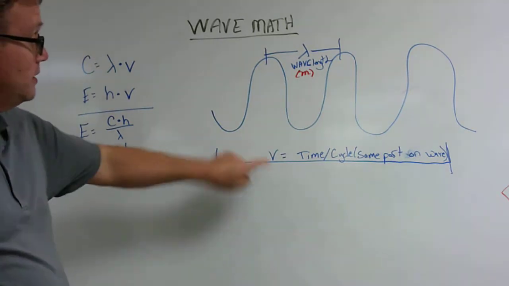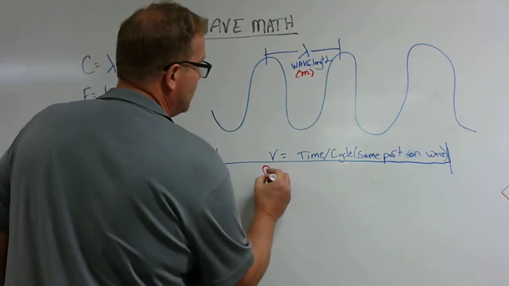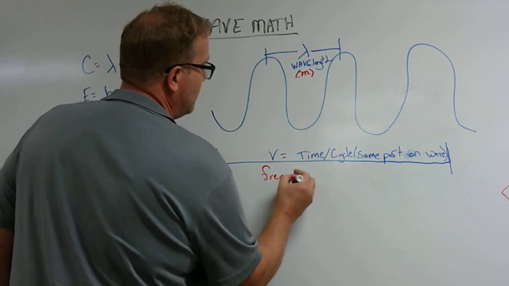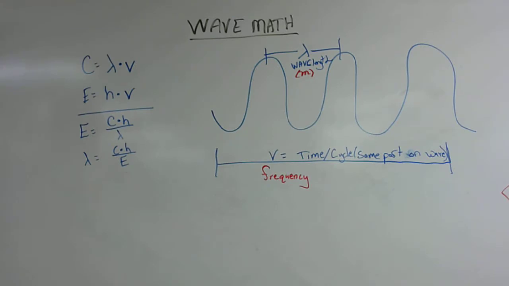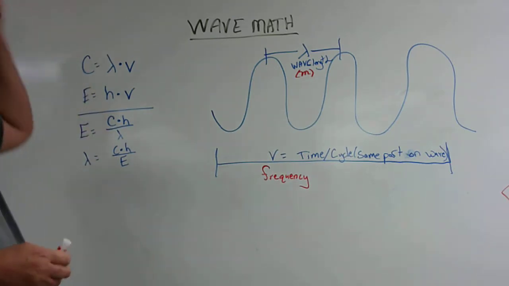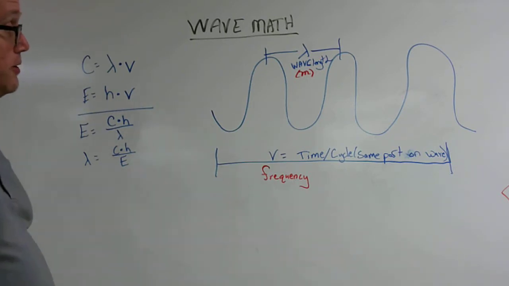Now, the B is also referred to as a frequency. Basically, it's the amount of time per cycle. So it could be 18 seconds per each cycle on the same part of the wave.